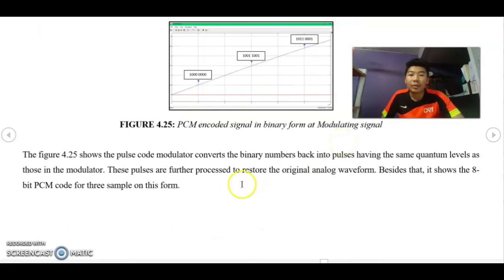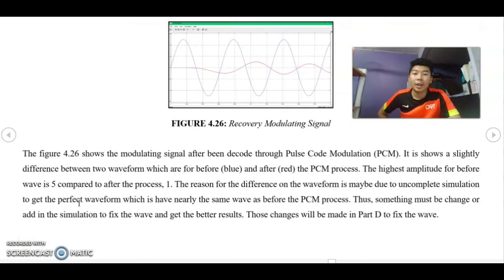And next is the PCM encoded signal in binary form at the modulating signal, and the figure shows the pulse modulator converting the binary numbers back into the pulses, also having the same quantum level as those in the modulator. And next is the recovered modulating signal.